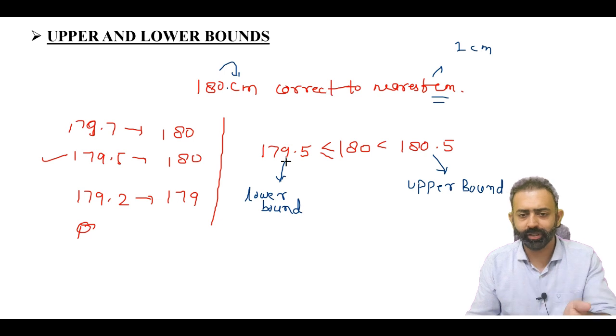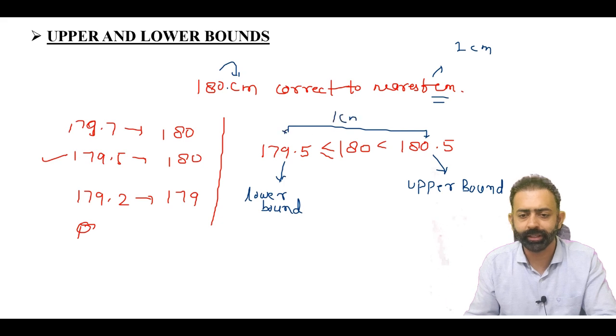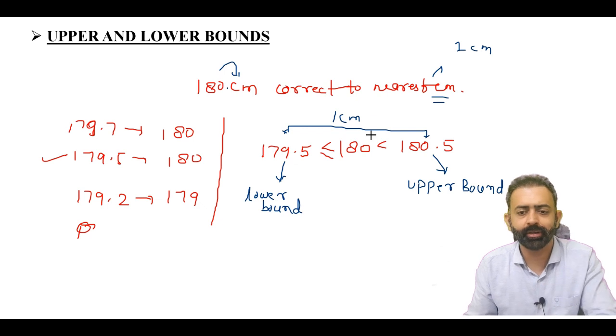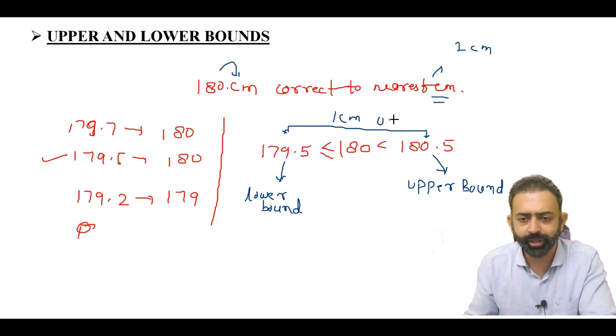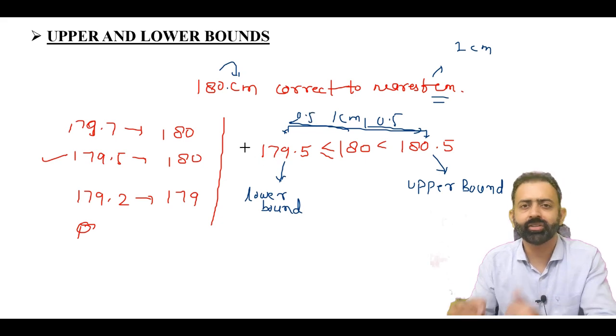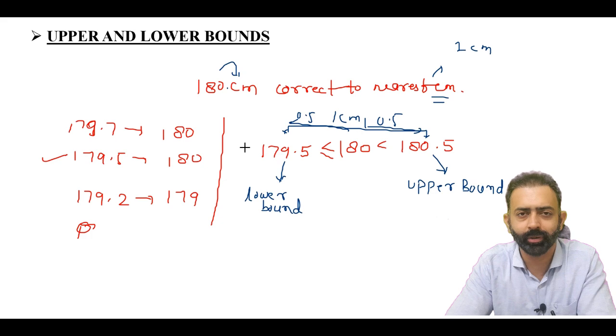As you can see here, 179.5 and 180.5, the whole range covers 1 centimeter length. This 1 centimeter length is divided into two equal parts, which is 0.5 just right of this 180 and 0.5 just left of this 180, and that's how you will get the upper bound and lower bound.